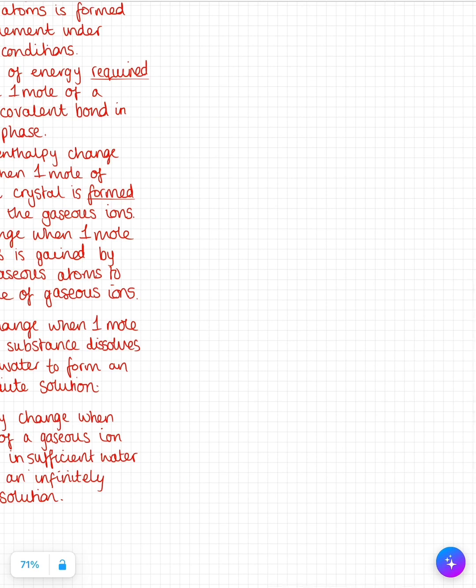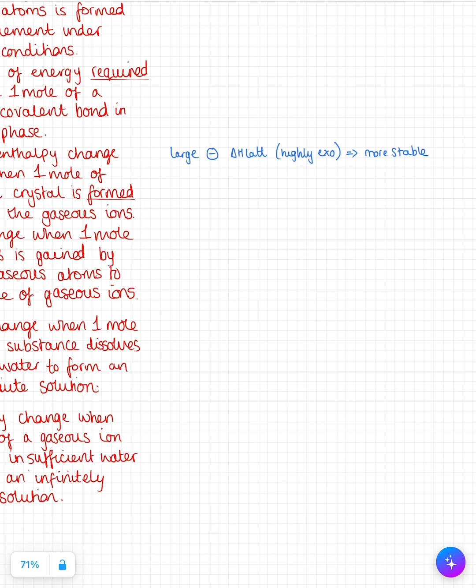Now, a large negative value of our lattice enthalpy, meaning it's highly exothermic, suggests our ionic compound is more stable than the gaseous ions that it started with.